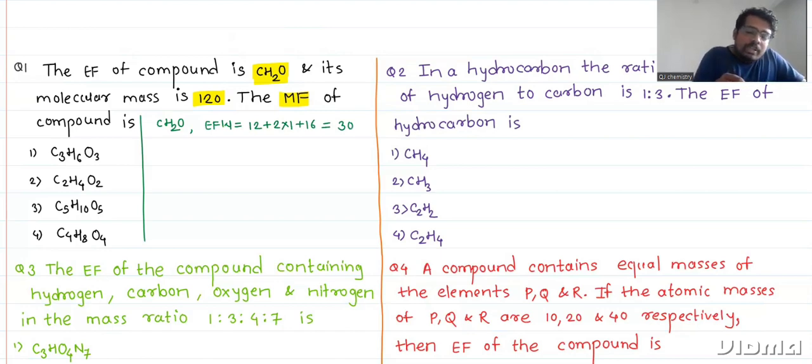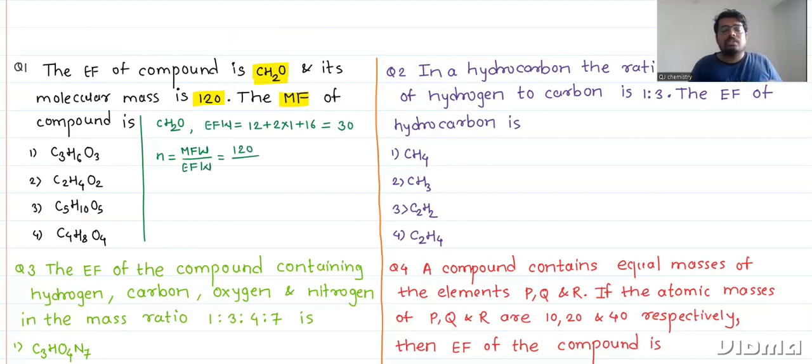Now let us find n. We know the formula: n is equal to molecular formula weight divided by empirical formula weight. The molecular formula weight given to us is 120 and the empirical formula weight is 30. So the ratio of molecular formula weight to empirical formula weight for the given compound is equal to 4, right?